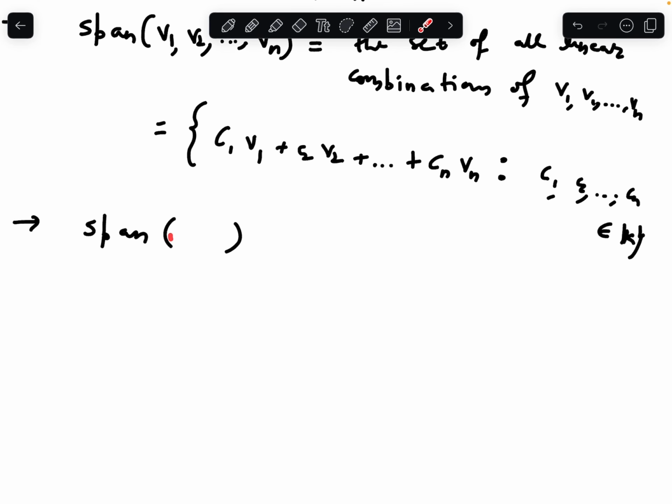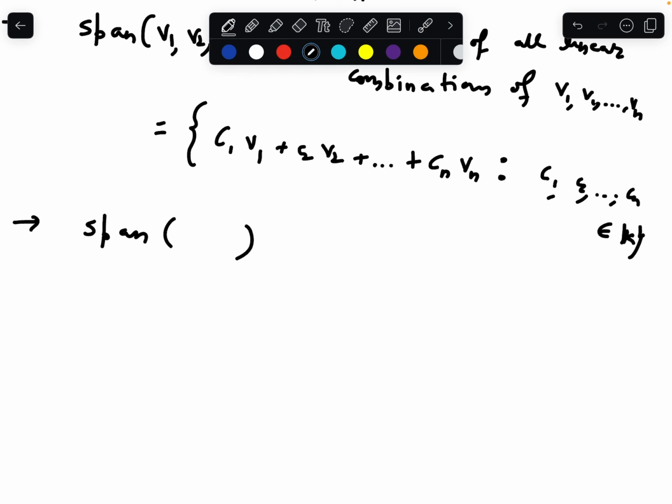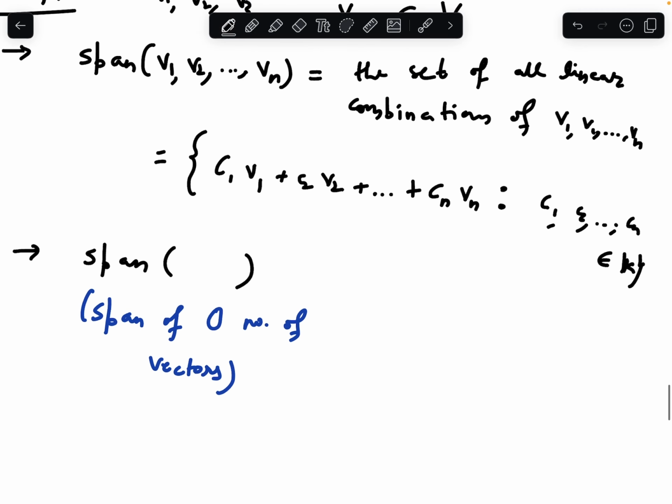Now, span of empty set means span of zero number of vectors, right? So here we had span of n number of vectors. Here we have span of zero number of vectors.